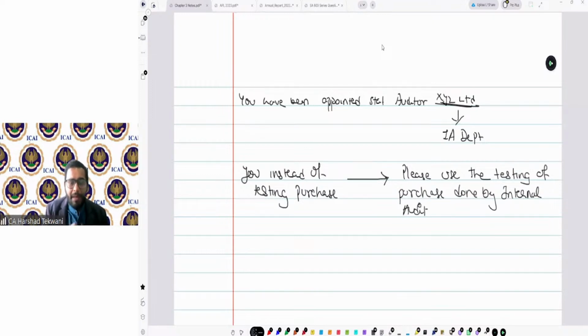Means XYZ Limited is saying that the internal audit team has done the testing of purchases.